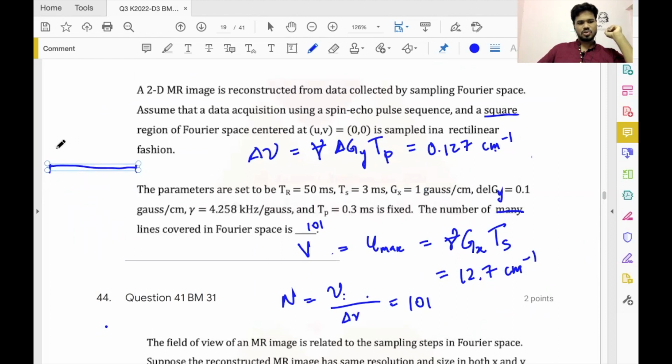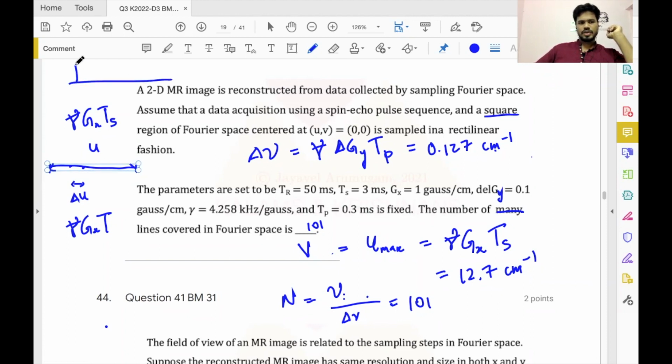The total distance in u is gamma gx TS. But what is the distance between two spatial frequency points? That is delta u. That should be gamma gx into the distance between two samples, that is the t that we have there. Fine.